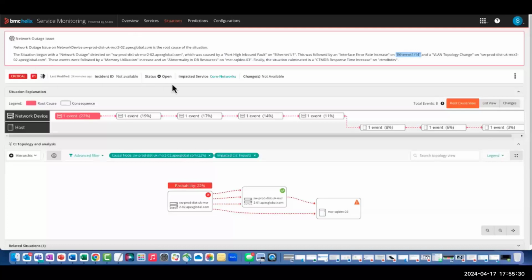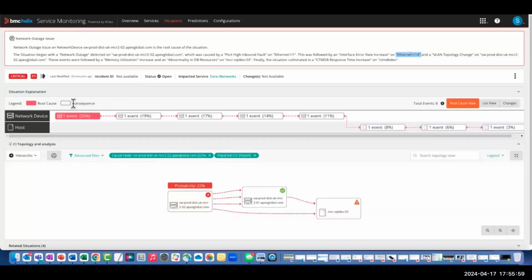Next, we can see some general information like the impacted service and the criticality. And then we get an explanation of the actual situation, which means that there are two layers here. We have the network devices here, and we can see that one event triggered another and another and another, which afterwards triggered additional events on a host.